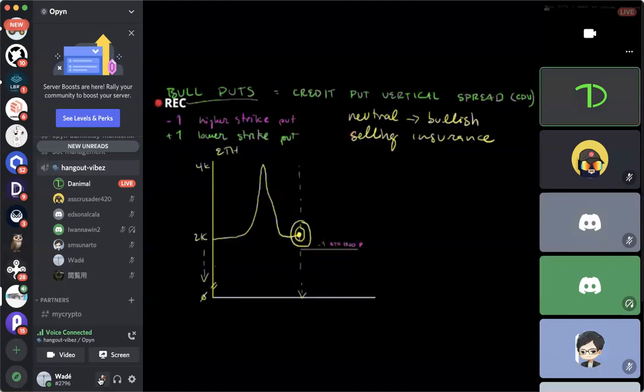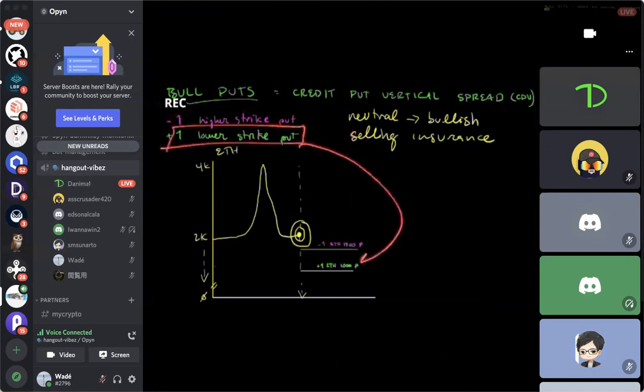So this is our higher strike, and now here's our lower strike. This will be a +1 Ethereum 1000 put. All right, so we have the criteria that we just talked about, and we looked at a practical example. You have a -1 higher strike here, and then you have a +1 lower strike here, right? You just move down vertically within the same month, so it's a vertical spread.